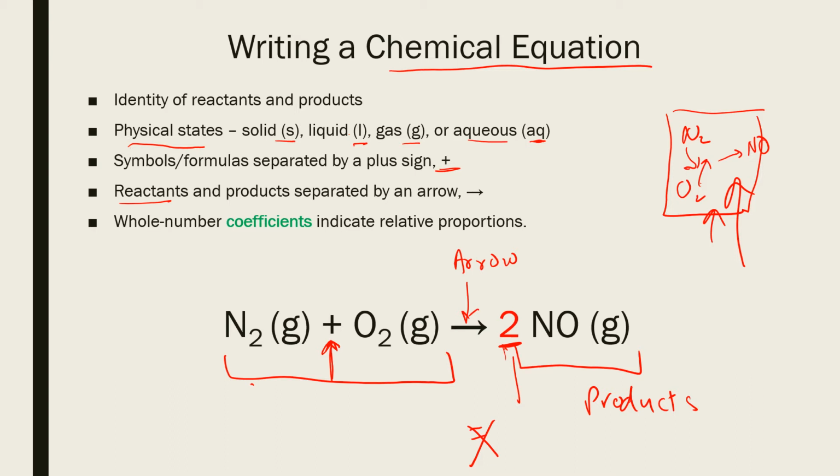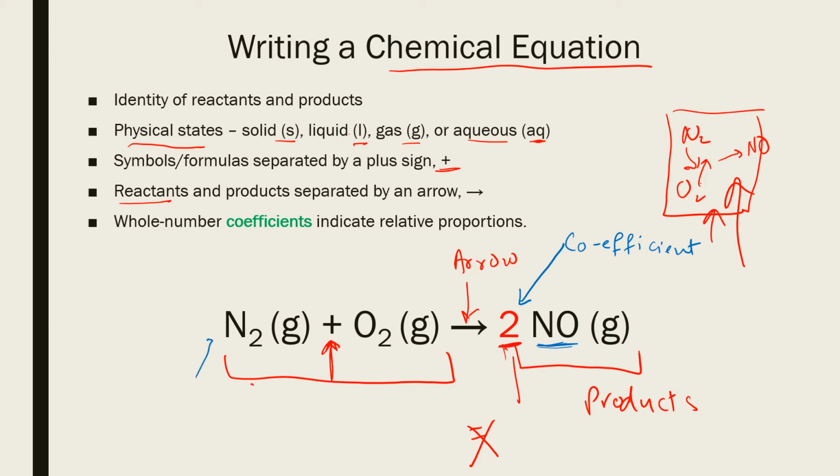This number in front of the reactants or products is called a coefficient, and it represents how many molecules of that particular species are being formed. So this 2 indicates that in this particular reaction, 2 nitrogen monoxide molecules will be produced.